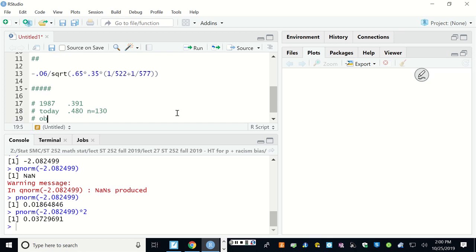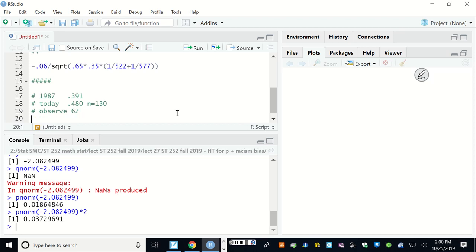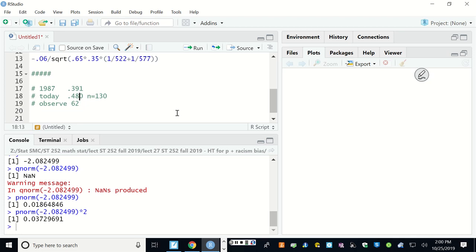And they observed about 62 cases, right? We talked about that yesterday. Based on the reported proportion, we can't quite tell what it is. But let's say it's 62, and that rounds to 0.48. I guess they didn't say 0.480. It's just 0.48 in the book. Right? So if we're asking one side, is it higher? We want the probability that the sample is greater than or equal to 62.